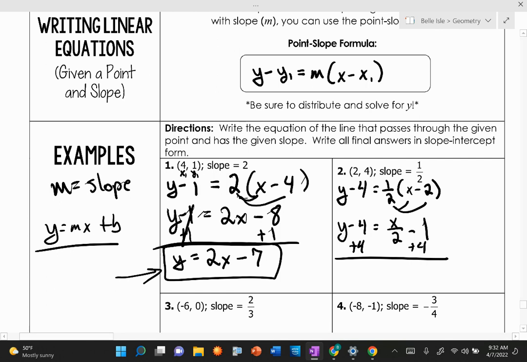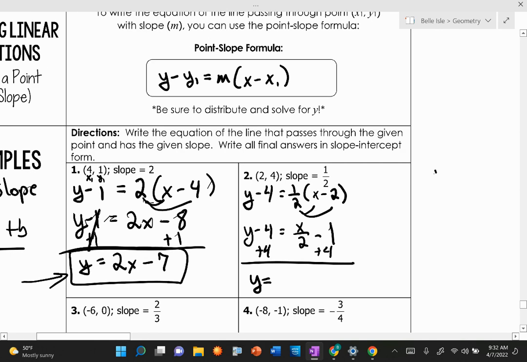So if I add 4 to both sides, it's going to give us y on the left side. x over 2 is the exact same as saying 1/2 x. Those are the exact same thing, so however you write it is up to you. What's negative 1 plus 4?